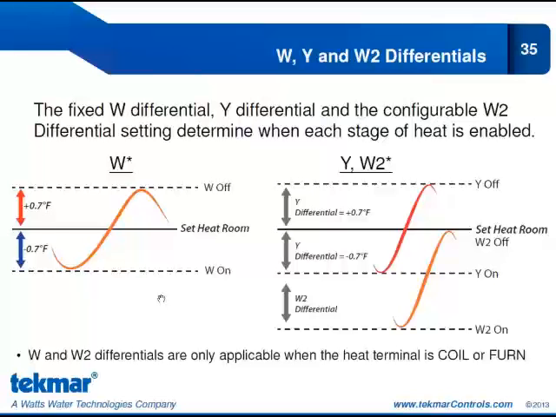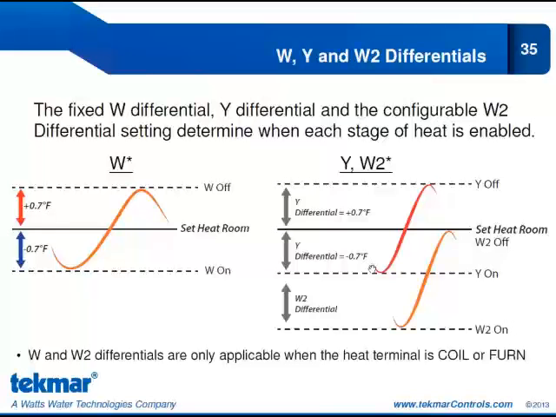If your W is set up for convector or other, then in that case it's going to be based on an on-time calculation with an integral. So this differential of 1.4 only applies if your heat terminal is coil or furnace. Let's look at the other side.